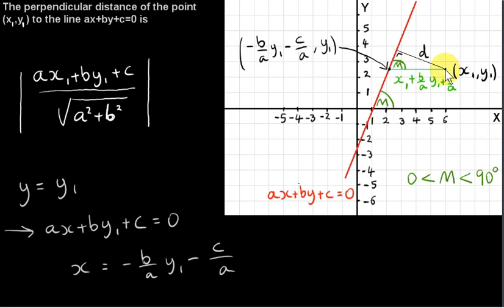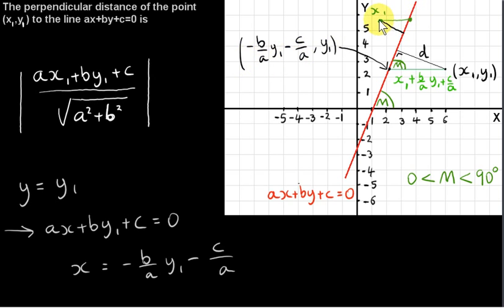Notice that for this situation, x1 is greater than minus b over a, y1 minus c over a. The x value of this point is to the right of the x value of this point. So when we do subtraction, we get something positive. Of course, in other situations, this quantity could be negative. If we had a point on the other side of the line, and we're looking for the perpendicular distance, then the horizontal distance would be like this. The x value of this point would be x1, and the x value of this point would have this form here.